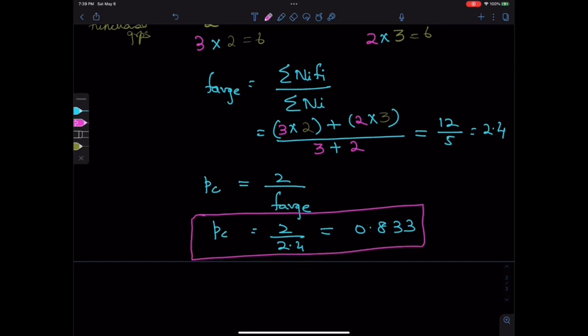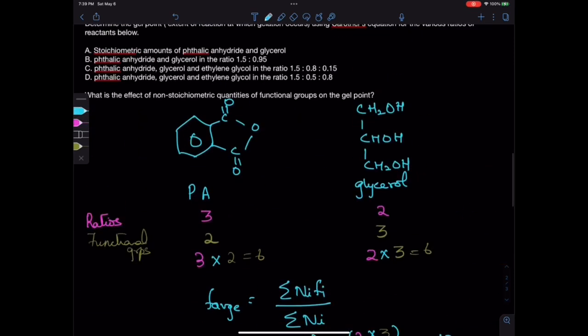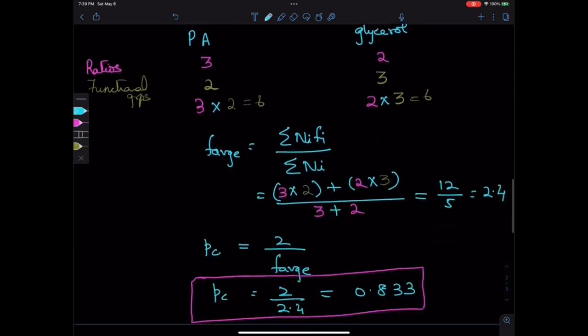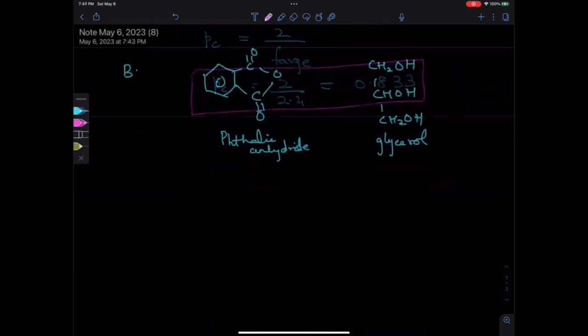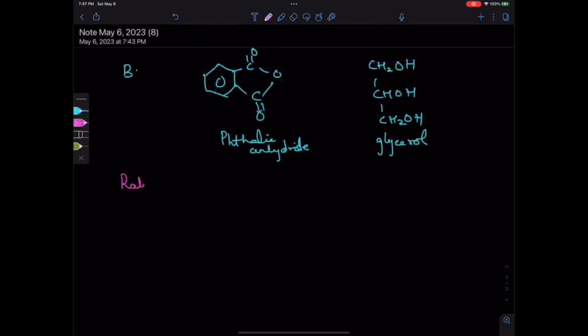Now next, part B. The ratio of phthalic anhydride to glycerol is 1.5 to 0.95. Now let's calculate the total number of functional groups. We have 2 carboxylic acid groups in phthalic anhydride, so 1.5 times 2 is 3.0.